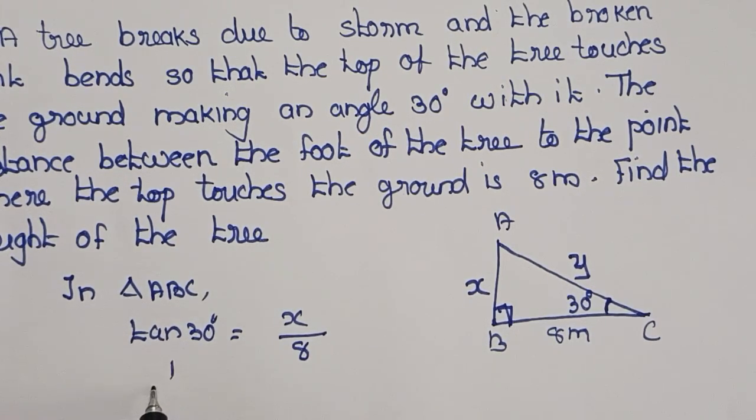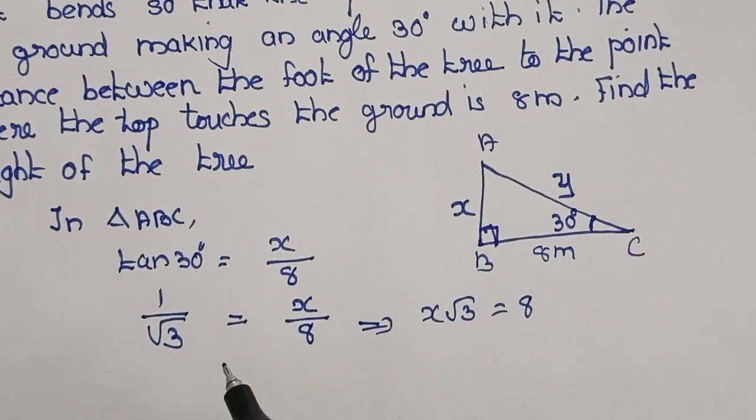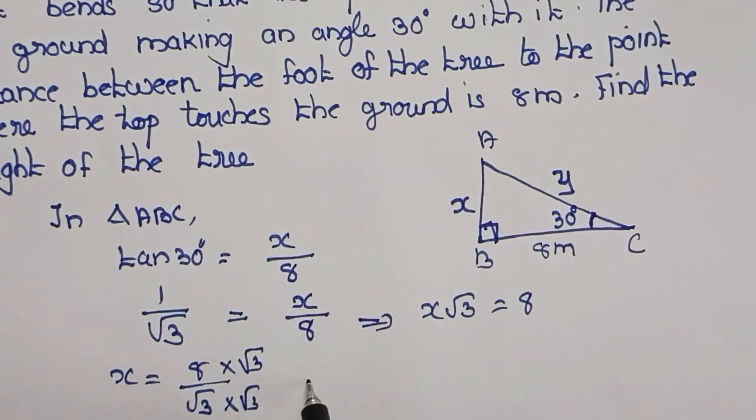But tan 30 is 1 by root 3, isn't it? 1 by root 3 equal to x by 8. When you cross multiply, you get x root 3 equal to 8 or x equal to 8 by root 3. Now rationalizing, that is equal to 8 root 3 divided by 3.